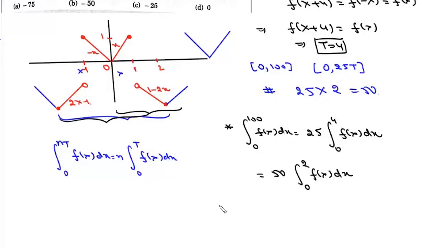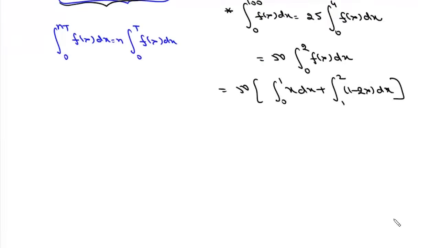Now this is 50 times, and between 0 and 1 f(x) is x, so it will be x dx, plus between 1 and 2 it is (1 - 2x) dx. So we can write this as 50 times x²/2 from 0 to 1, plus (1 - 2x)² by -4 from 1 to 2.